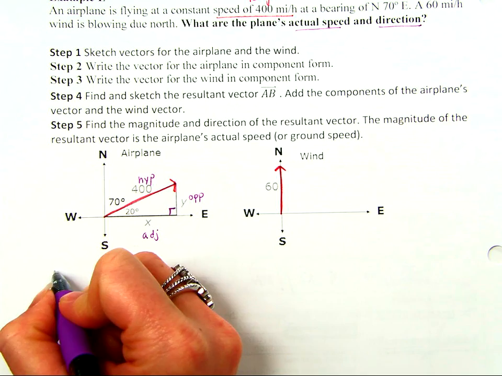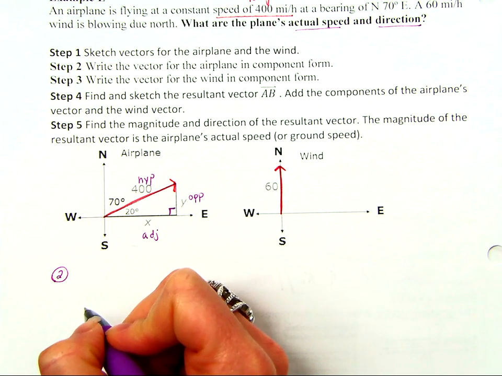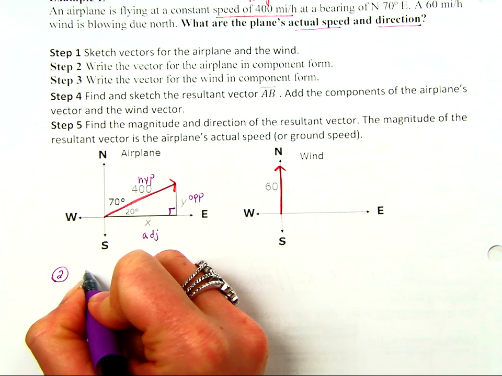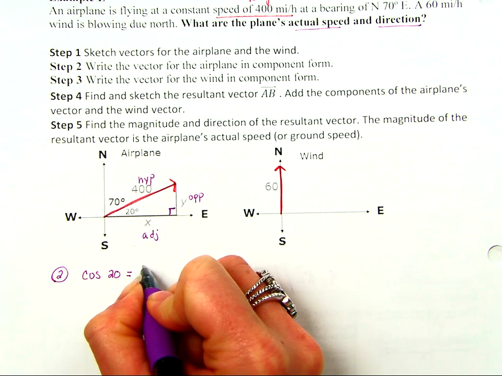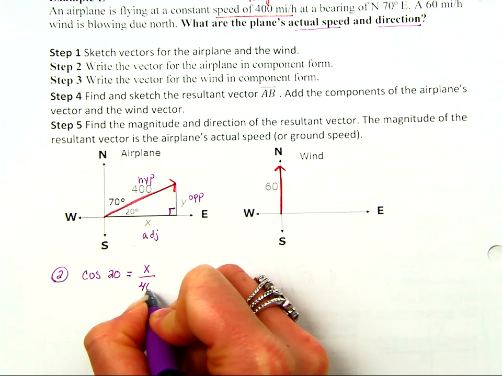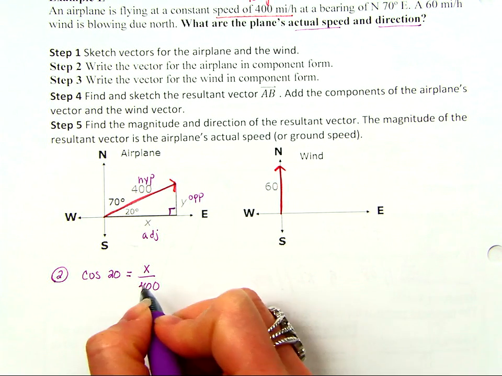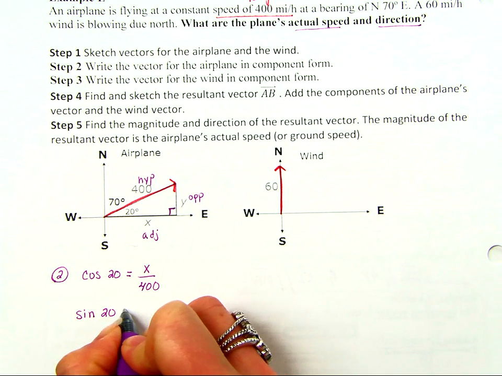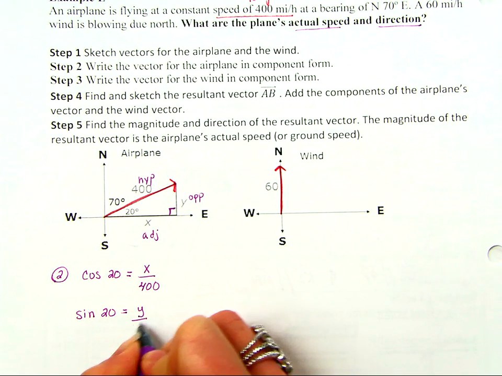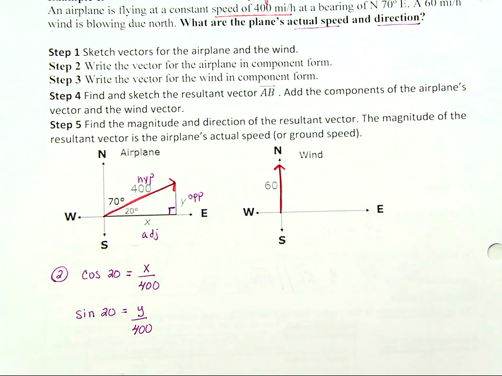So this technically would be step number 2, where we are finding our vector in component form. I'm going to say that the cosine of 20 degrees would be equal to x over 400, and I'm going to solve that for x. I also know that if I wanted to solve for y, I could say the sine of 20 degrees is equal to y over 400. Let's calculate those, and we'll round to the nearest tenth.